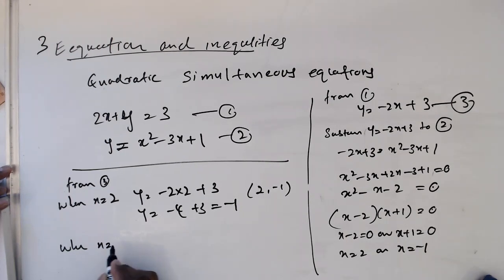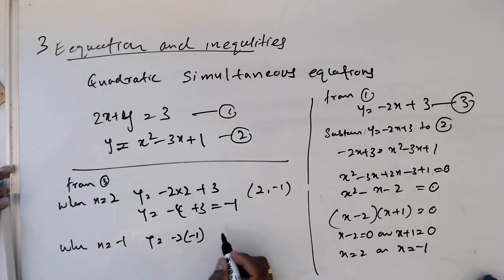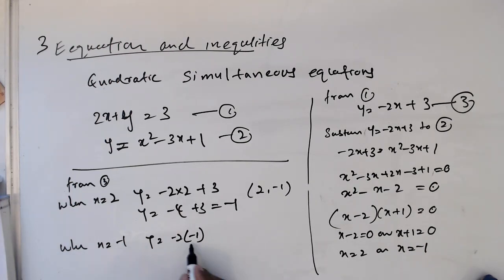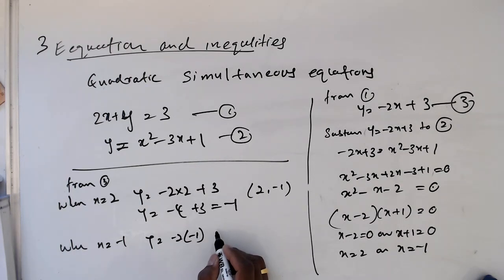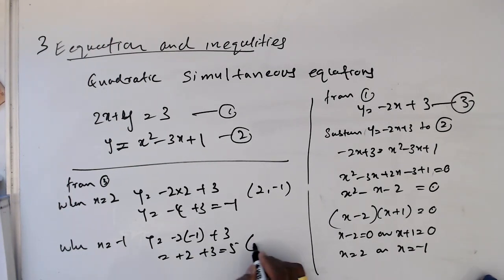When x equal minus 1, y equal minus 2 times minus 1. Always when you substitute negative values, we have to substitute inside the bracket. So plus 3, this is plus 2 plus 3, 5. So minus 1, 5.